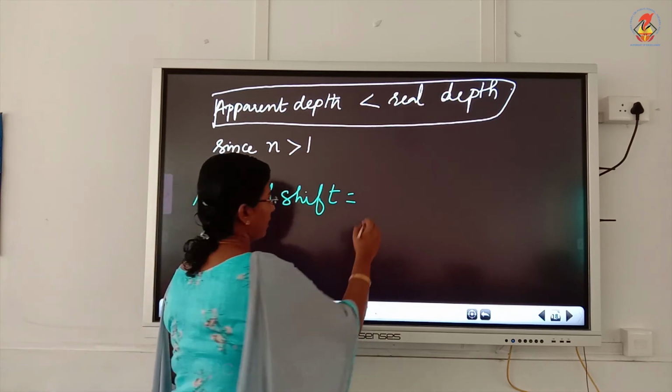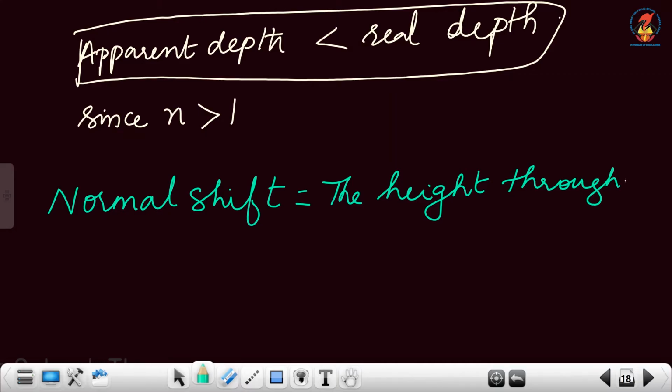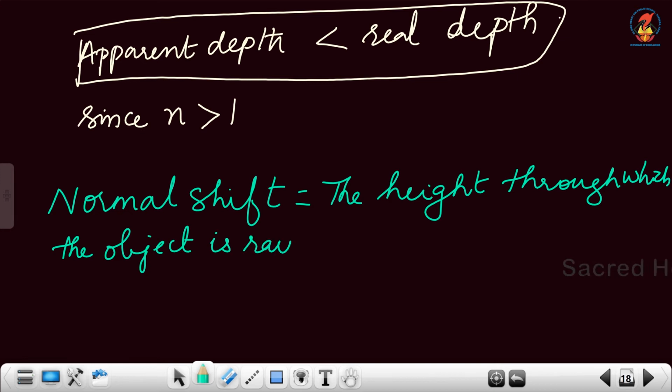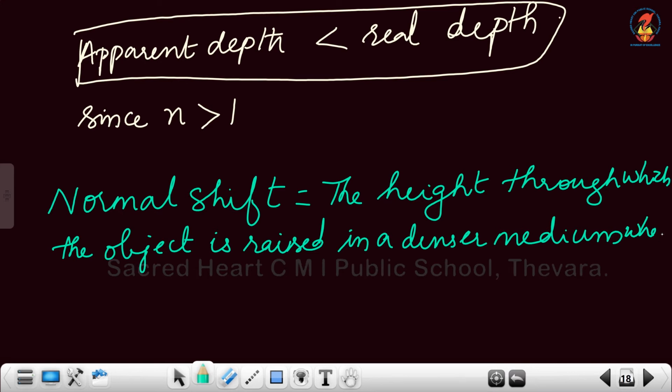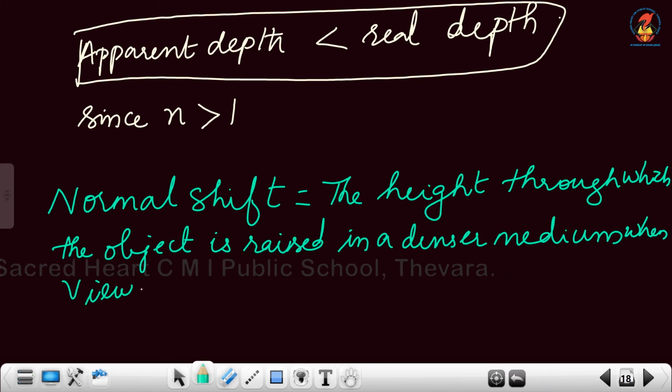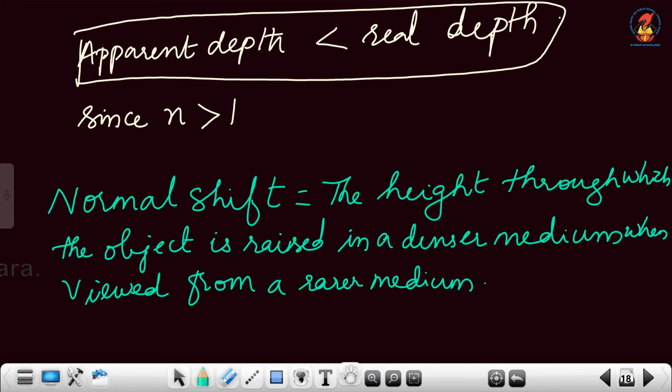It is defined as the height through which the object is raised in a denser medium when viewed from a rarer medium. It is denoted by the letter d.